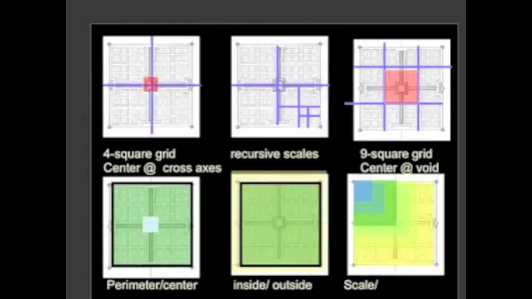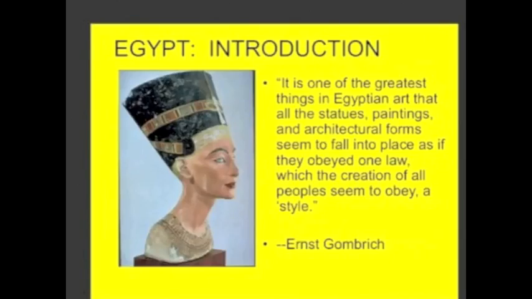We get the idea of the inside, the idea of the outside, and changing scale. So essentially, we have given you already everything you need to understand architecture. And we've given you several thousand years of history. So consider yourself introduced. And when we begin next time, we will talk specifically about Egyptian architecture.